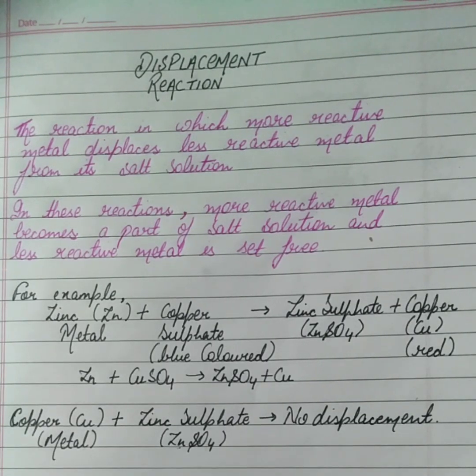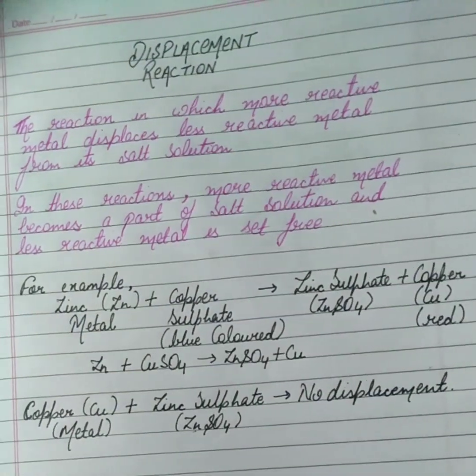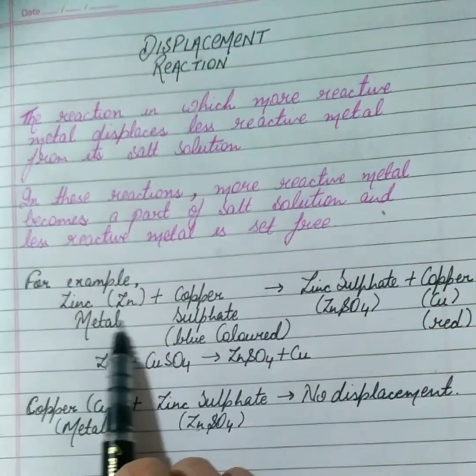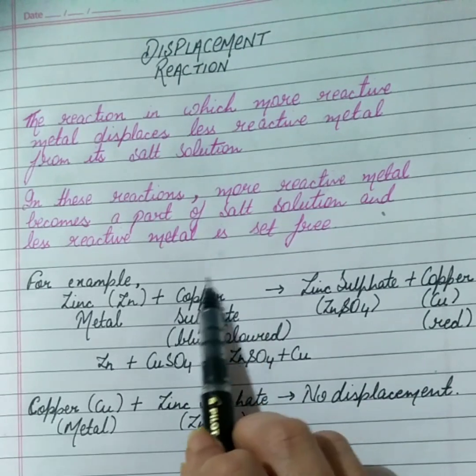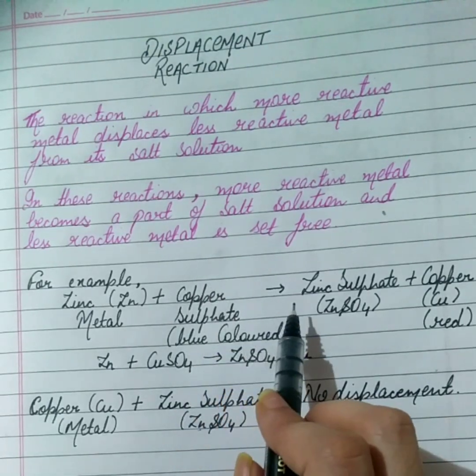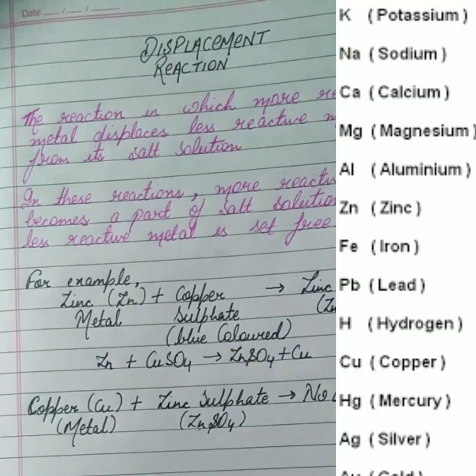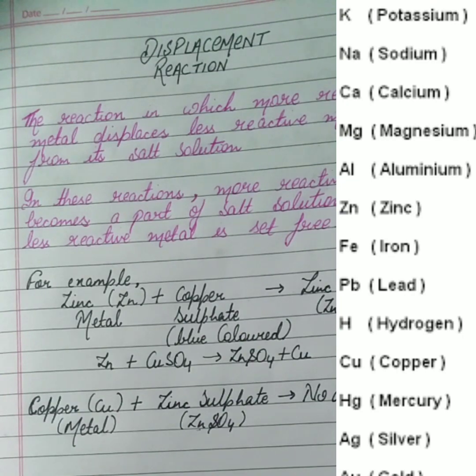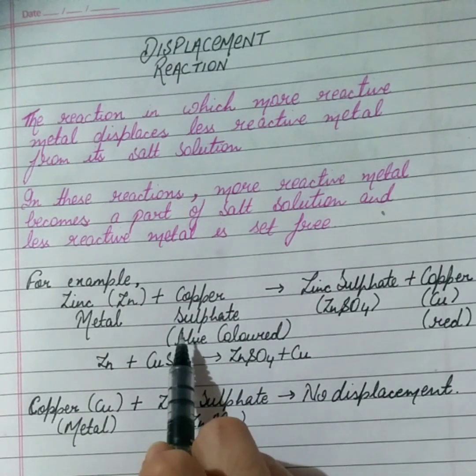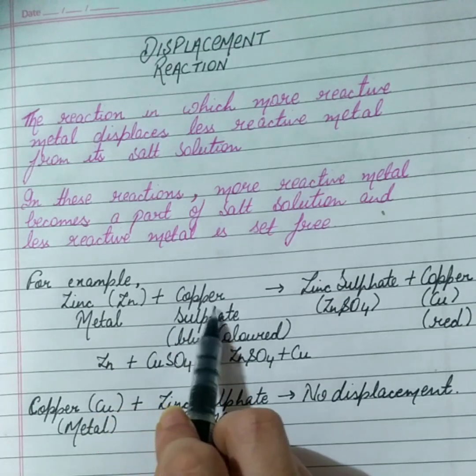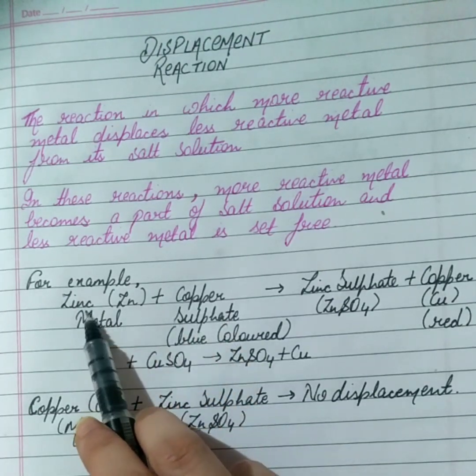Students, if we talk about the particular example, then zinc metal when reacts with copper sulfate, then what will happen? As we can see in the reactivity series of metals, the more reactive metal is zinc or copper? Yes, students, it is zinc.